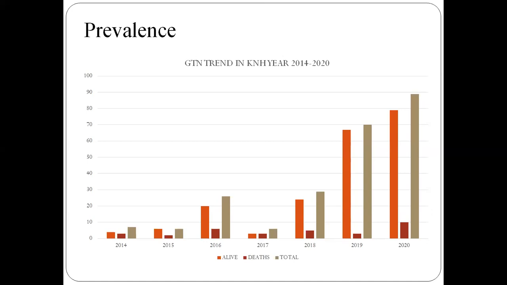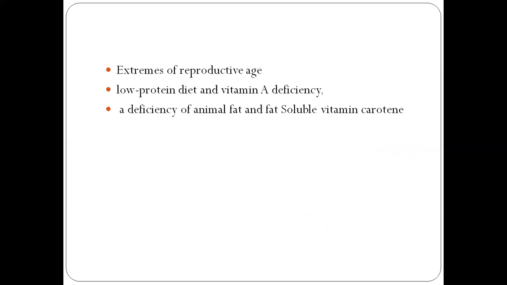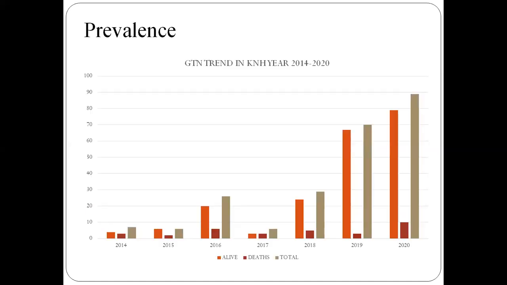What are the risk factors for developing these conditions? Most of the risk factors are unknown, but we know the extremes of reproductive age. Those who get pregnant before 18 years of age, that's teenage pregnancy, stand a higher risk, and for those above 40 years of age by the time they are pregnant, the risk of getting molar pregnancies is significantly increased.